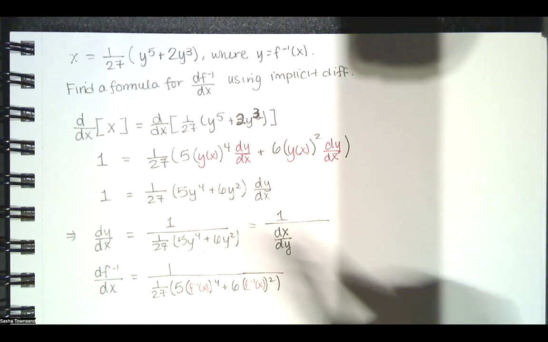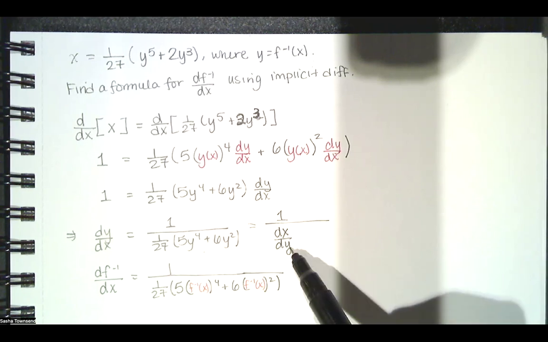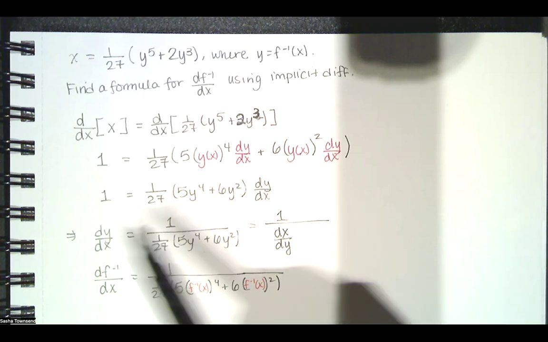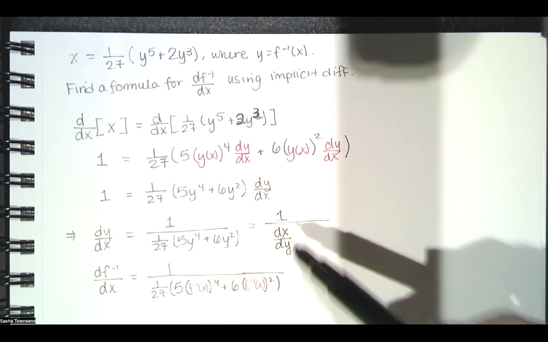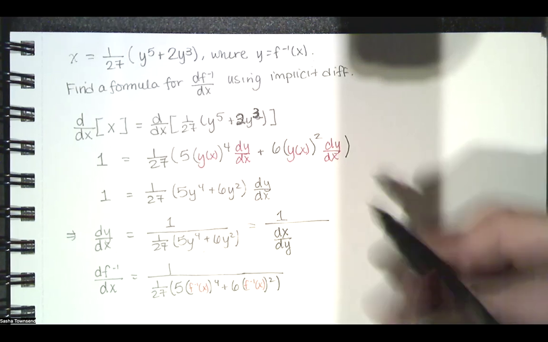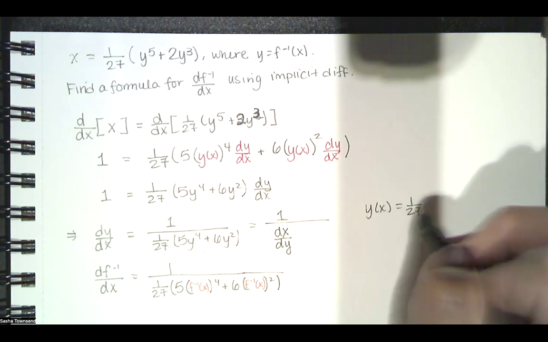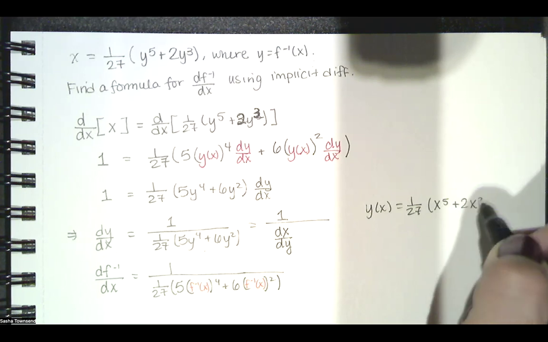You might say, it kind of looks like I just took this dy dx and I flipped it. Like if I have 1 divided by a fraction, I just multiply by the reciprocal, right? And so I just get the reciprocal, I just flip it. It's like, yeah, that's actually what we did. Except we're not thinking of it as a fraction, we're thinking of it as a new function. So we had y as a function of x was 1 over 27 times x to the 5th plus 2x cubed.